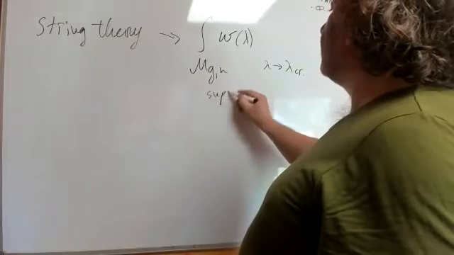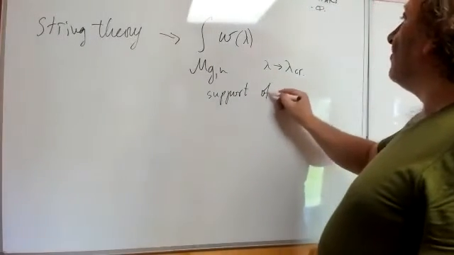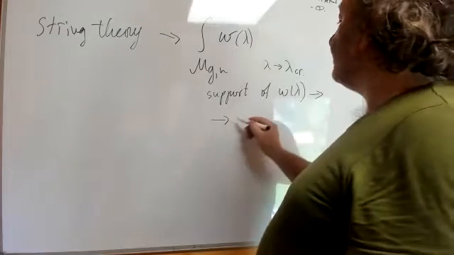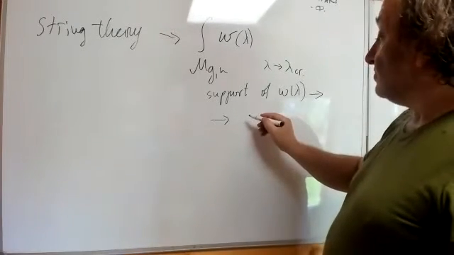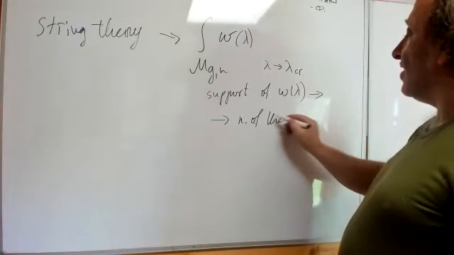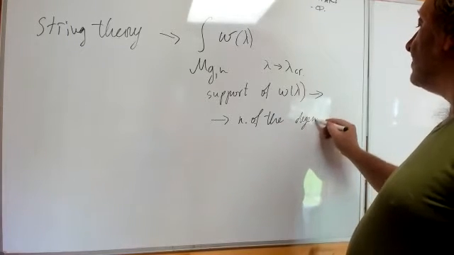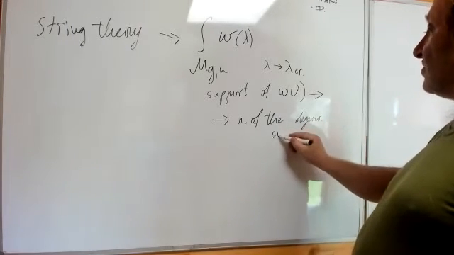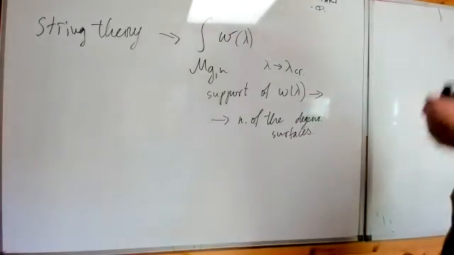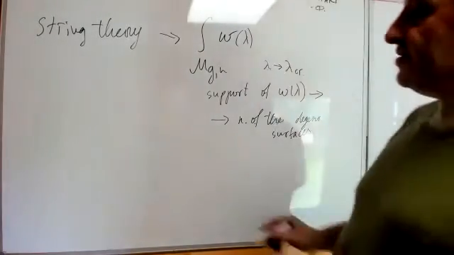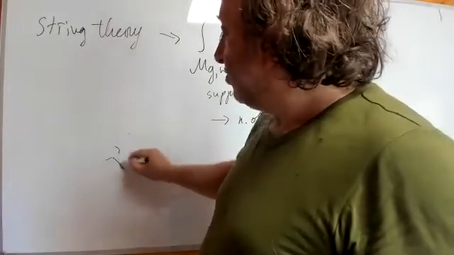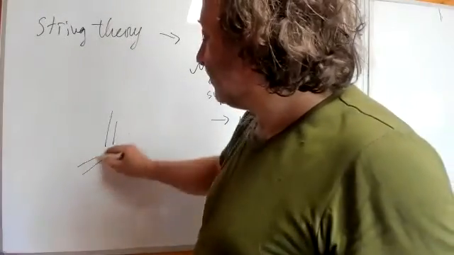the support of omega of lambda is going to the neighborhood of the degenerated surfaces. So degenerated surfaces, of course, mostly look like this.